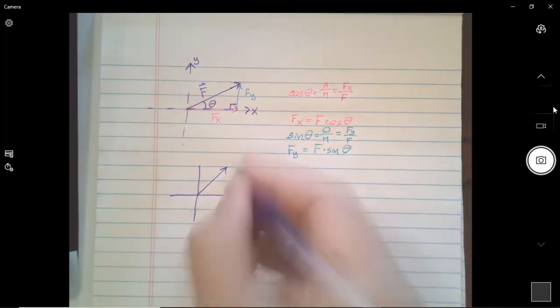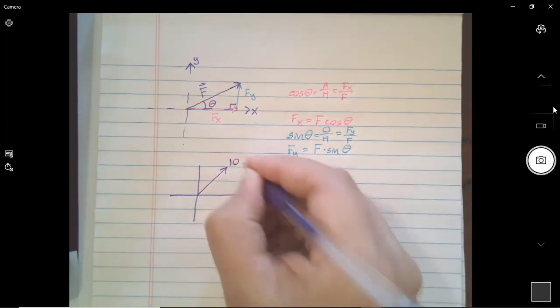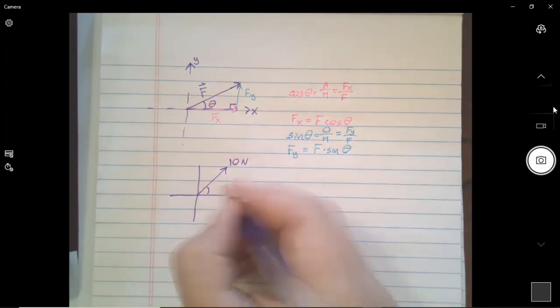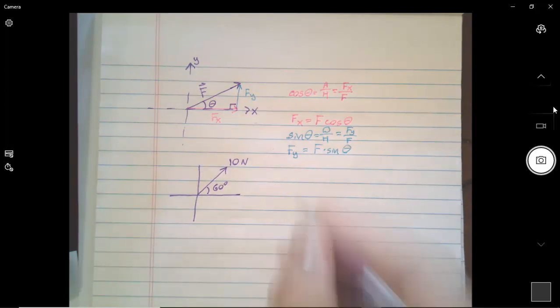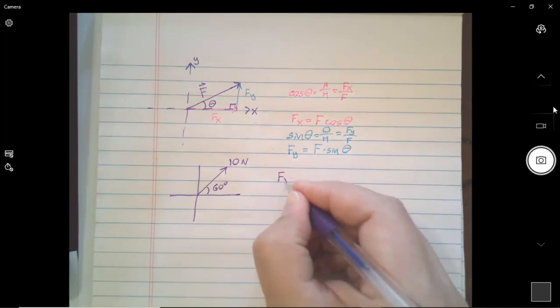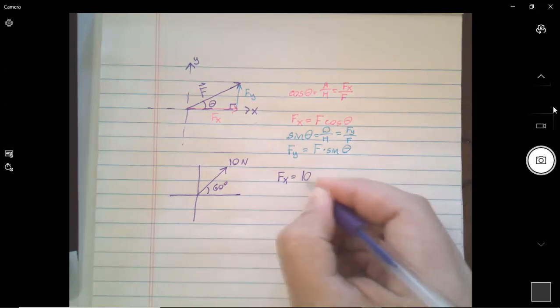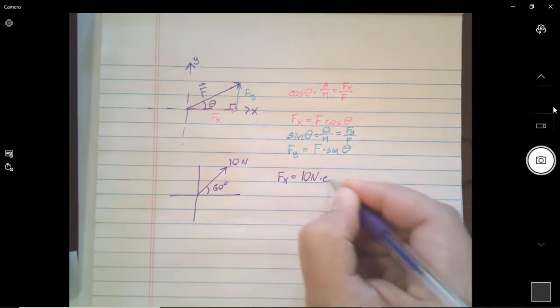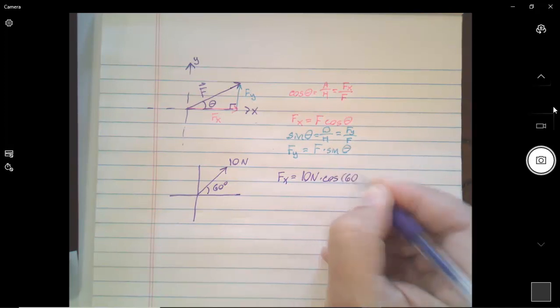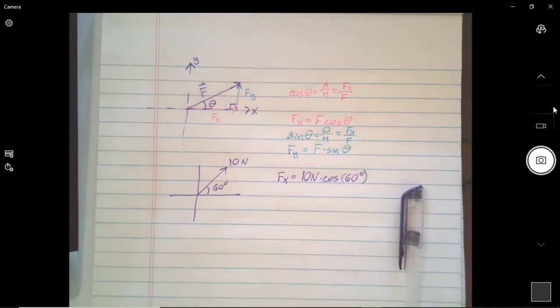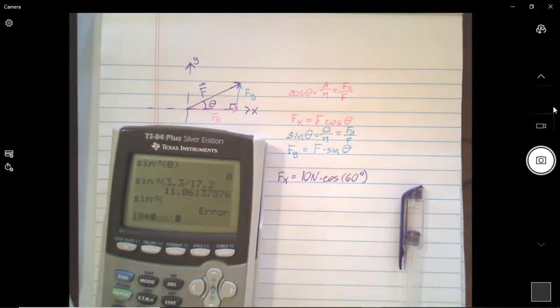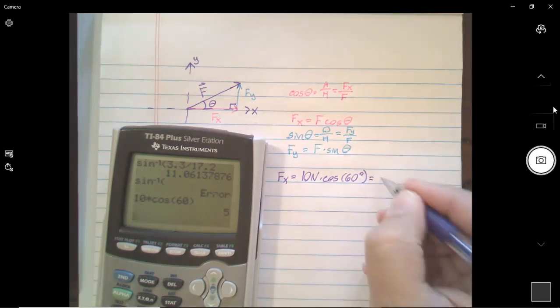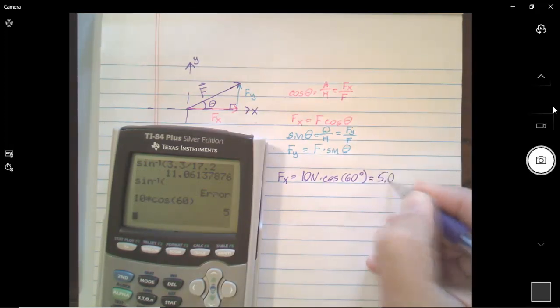So let's do a specific example. Let's say we have a force with a magnitude of 10 newtons and it's at an angle of 60 degrees with respect to the horizontal. We can calculate Fx is equal to 10 newtons times cosine of 60 degrees. Maybe you know your right triangle, maybe not. Let's get out our handy dandy calculator, type in 10 cosine of 60, make sure you're in degree mode, and of course that's equal to 5 newtons.